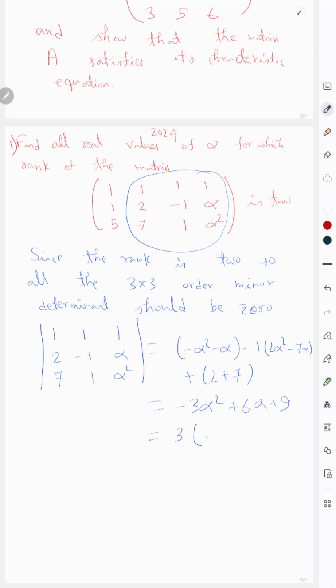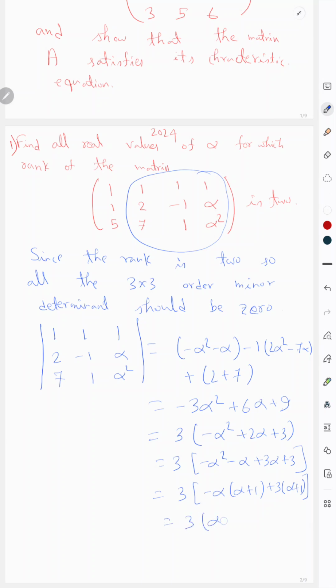You just take 3 common, so minus alpha square plus 2 alpha plus 3, right? So 3 into, if you do the middle term factor, minus alpha square, minus alpha plus 3 alpha plus 3, right? So from there you have 3 into minus alpha common, alpha plus 1 plus 3 into alpha plus 1.